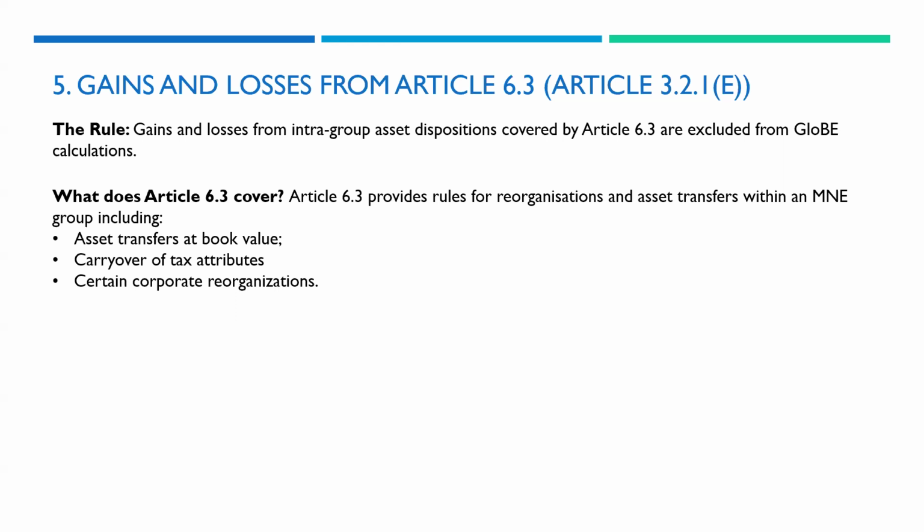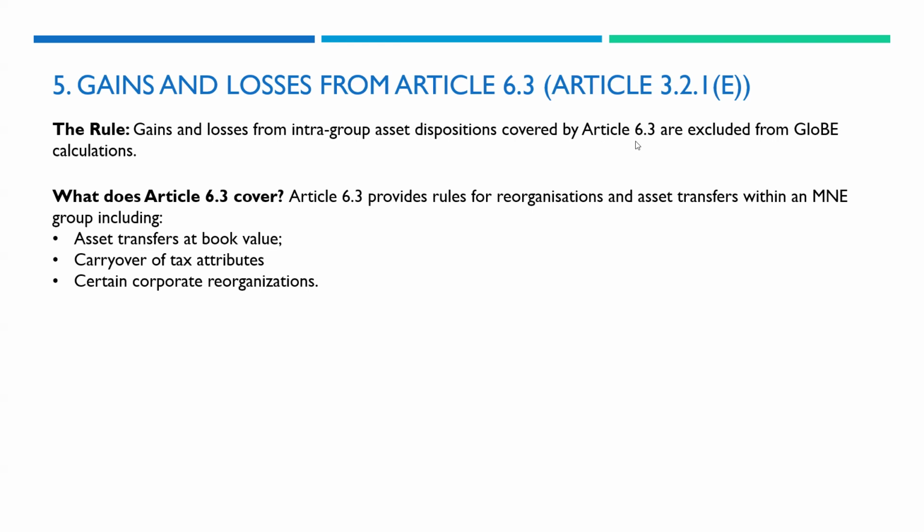What is this? I think we had a discussion about this today. If I remember, we had it this morning. Yes, this is business restructuring relief as well as qualifying group relief, asset transfers at book value.